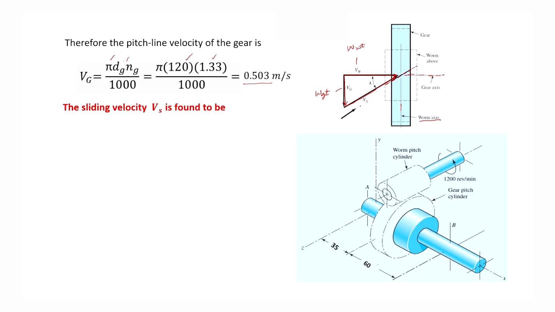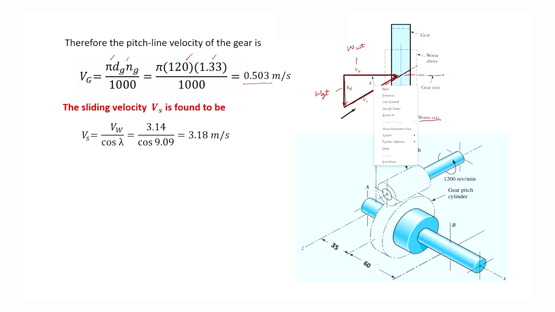So, we can find a relationship between the pitch line velocity of the worm, the pitch line velocity of the gear, and the sliding velocity, and that is given by Vs equal to Vw divided by cos of lambda. Substituting the value of Vw and cos of lambda, we got the sliding velocity as 3.14 meters per second.